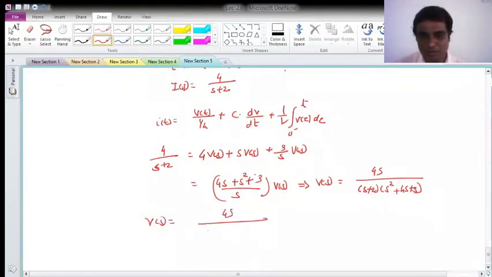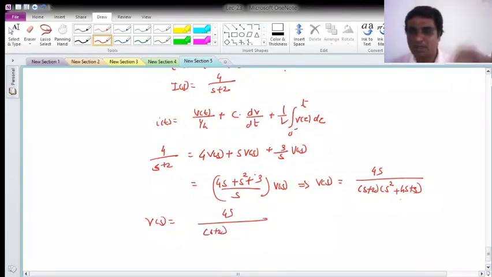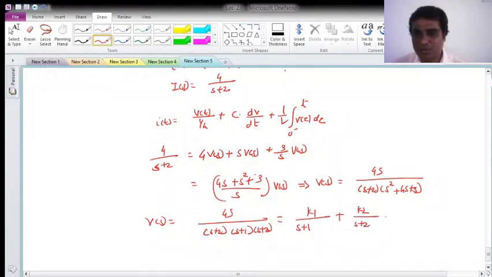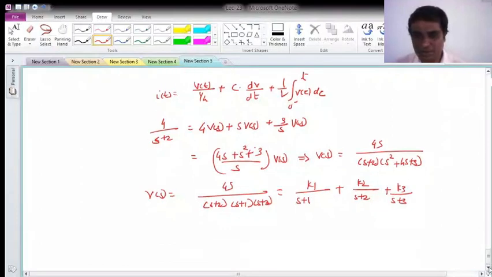So 4s upon s plus 2, what are the roots? Minus b, minus 4, 16, and these are real roots, so it will be s plus 1 and s plus 3. This is easy to solve, simple roots, so I will write K1 over s plus 1, K2 over s plus 2 and K3 over s plus 3. You know how to find the residues.